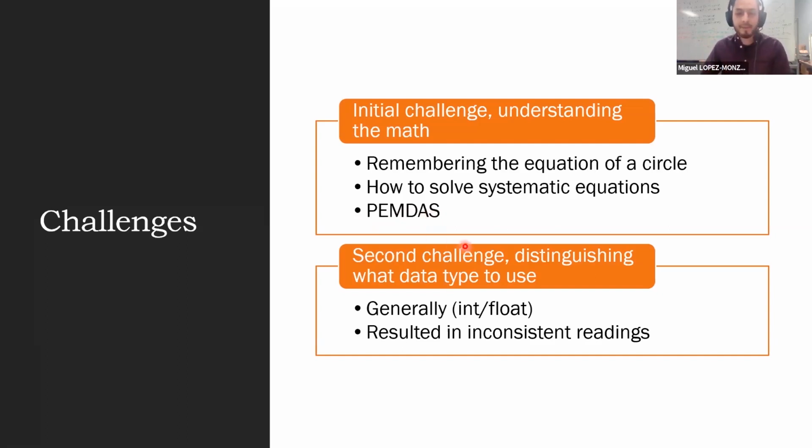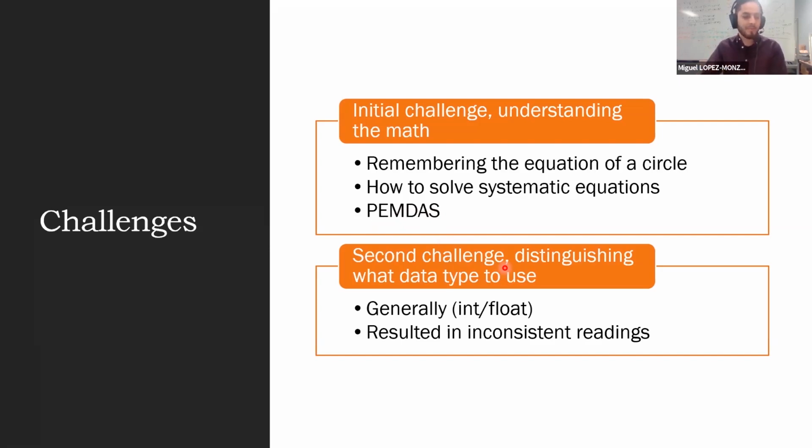A second challenge I had was distinguishing the data type to use. I think I was talking to Brian about it, and it's probably my kryptonite when it comes to coding. It's generally when I try to use int and floats. Whenever I didn't use the appropriate data type, it would result in inconsistent readings.